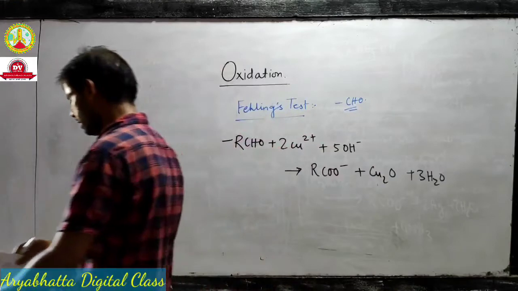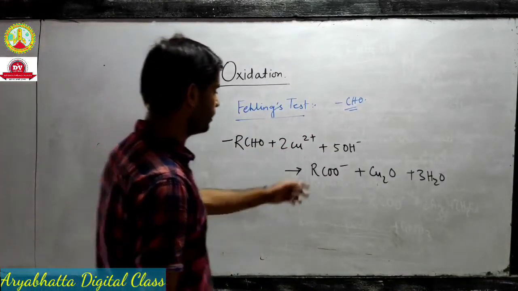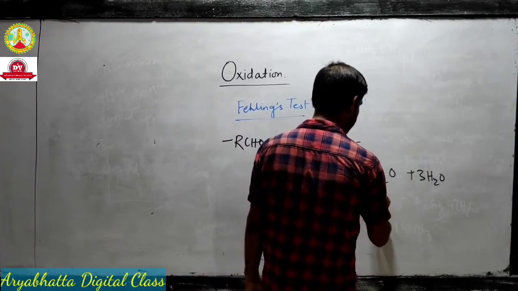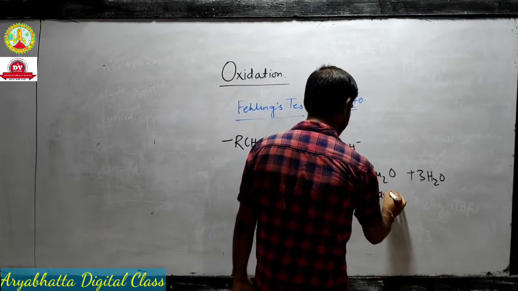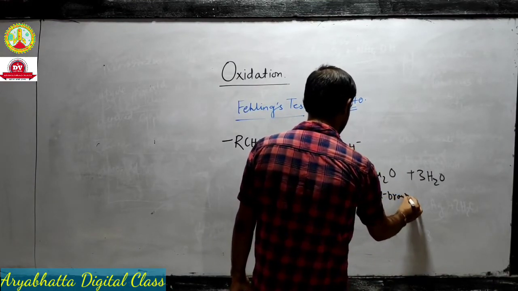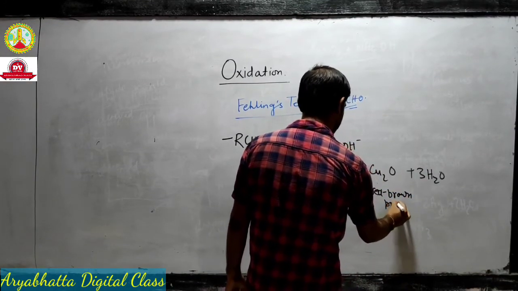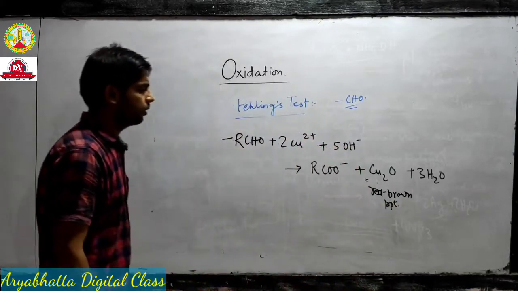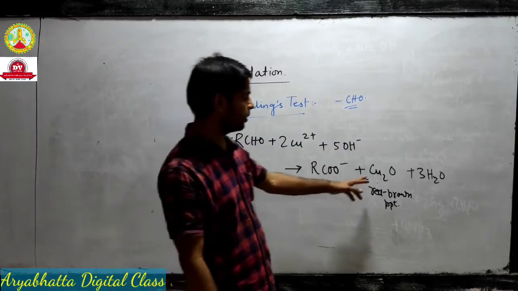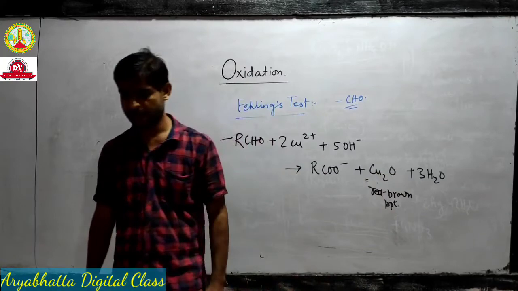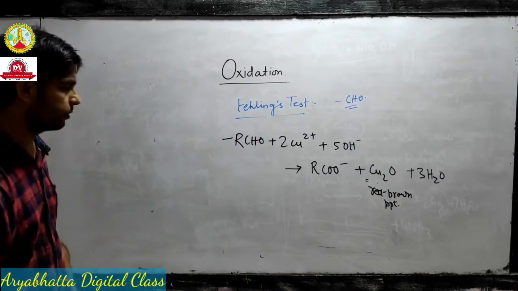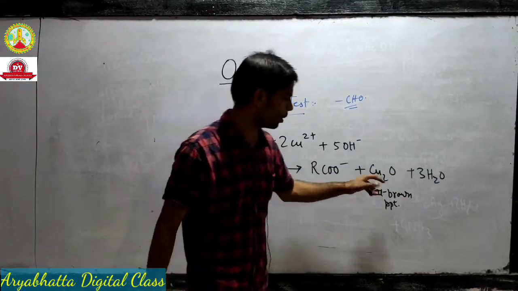This is our end result, and it is a red brown precipitate. That means we will get a red brown precipitate of cuprous oxide.